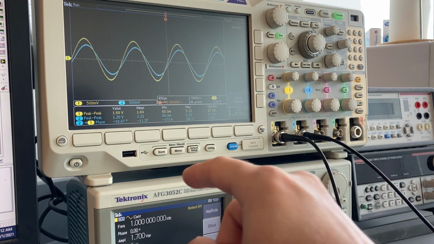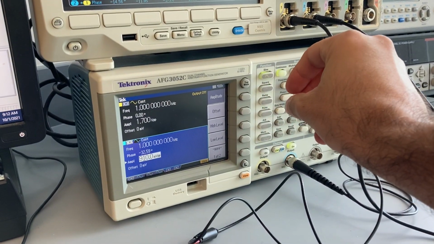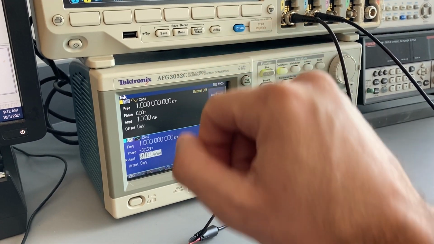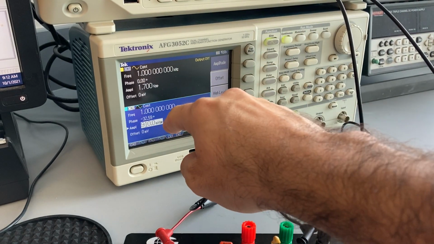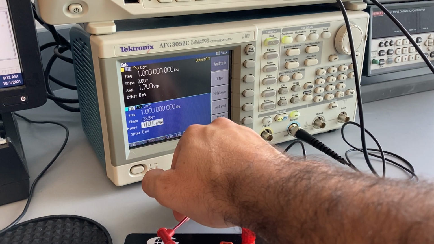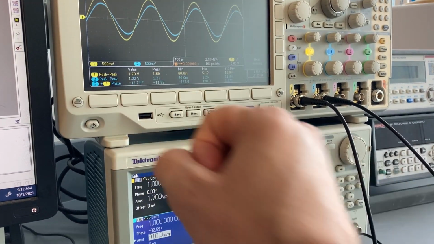I know that in the first circuit I needed 2 volts, so I changed my amplitude until it was 2 volts across the circuit. And in the second circuit I did the same thing. Rather than putting in 0.86 volts, I modulated that amplitude a little bit until I got 1.7 across the circuit.